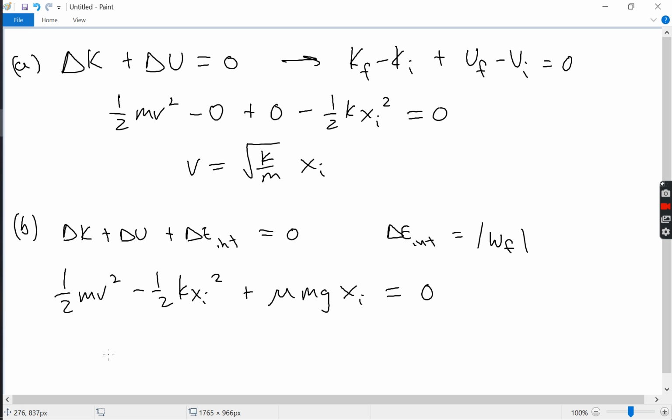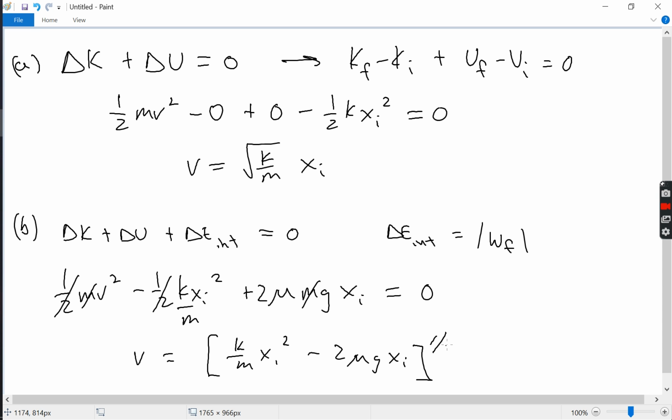So now when we solve for v, first I can get rid of these 1/2s if I multiply through by 2. I can get rid of m, I put that here. So now v is going to be all of this. So we move this to the other side, we're going to get k over m x sub i squared minus 2 mu g x sub i, all of that under a big square root.